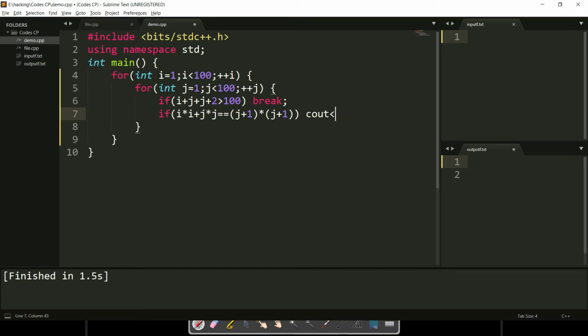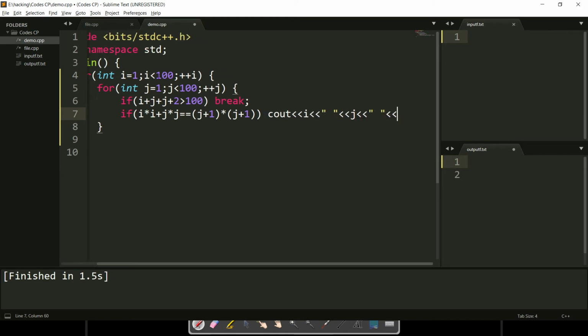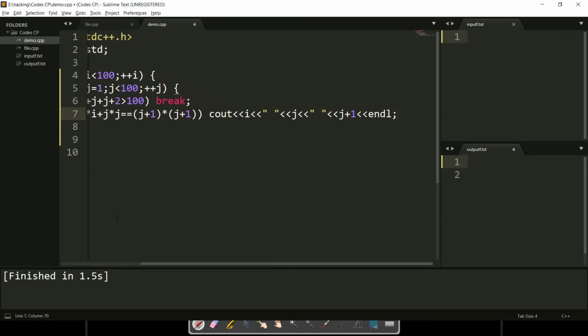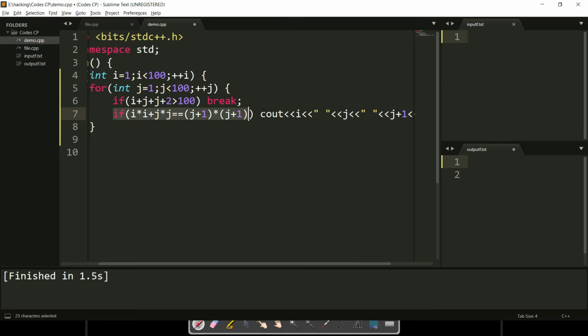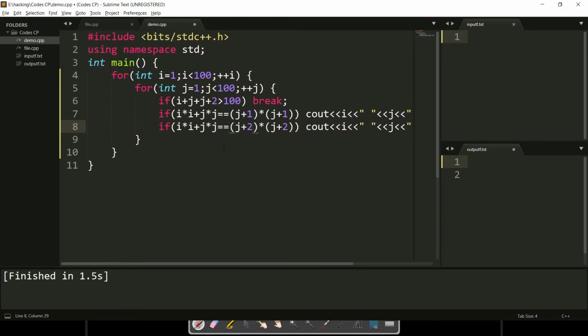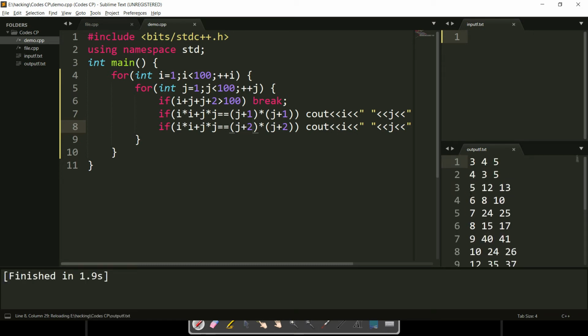We want the computer to print the value i and the value j plus 1, right? And similarly, if the value is j plus 2, we want it to print the same, just that the condition should be for j plus 2. So let's see if there are any pairs that satisfy our needs. Okay, there we go. So we have a few pairs.